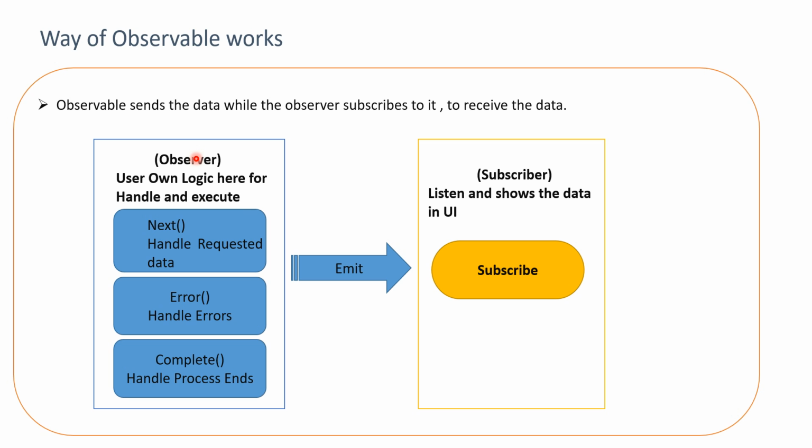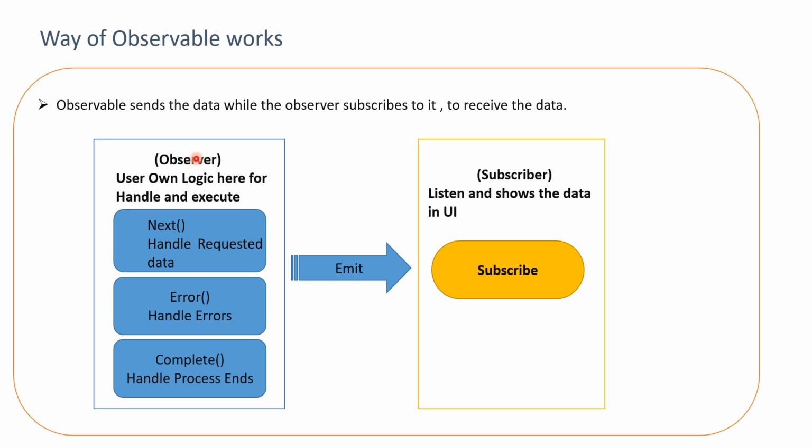When you are looping through the data, first row, second row, third row, I want to complete the observer's operation when my row count reaches 50.